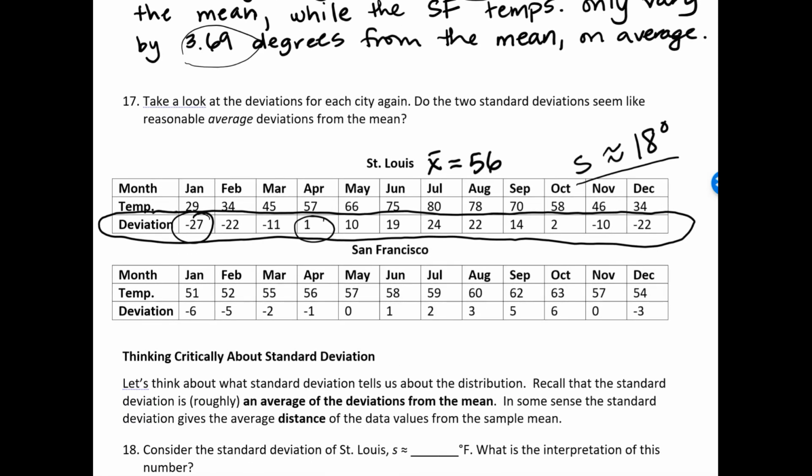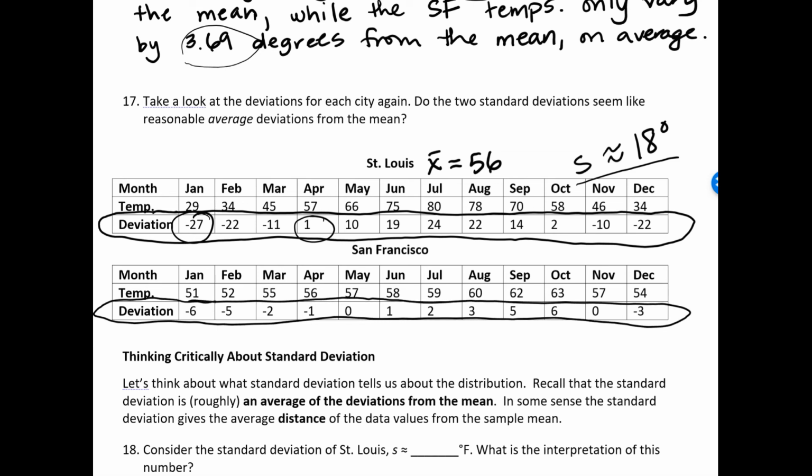For San Francisco, remember the deviations are a lot more clustered together. They're really close together. And here the mean was 57. So in San Francisco, if we were to average these deviations out, some are really close, some are a little further, but on average, they vary about 3.5 degrees.